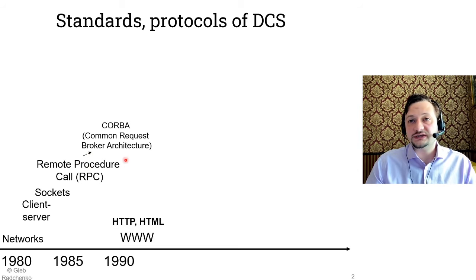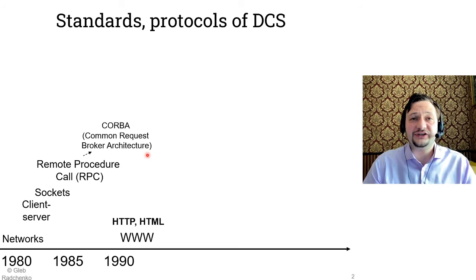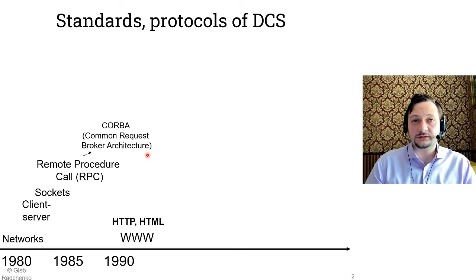That system was very popular in the 1990s, but the problems with the huge and complicated standards led this technology to its demise. So right now, no one uses CORBA, just maybe a small number of legacy systems.